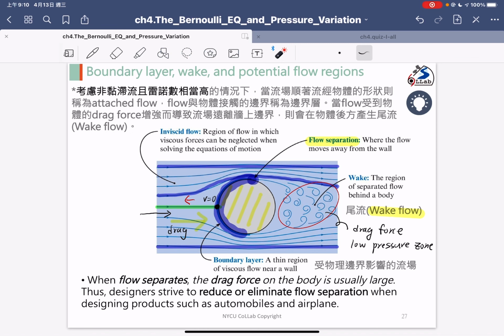So when you do some design, like automobiles and airplanes, you should consider how we can reduce the flow separation. That indicates flow separation is a very dangerous phenomenon for our object.